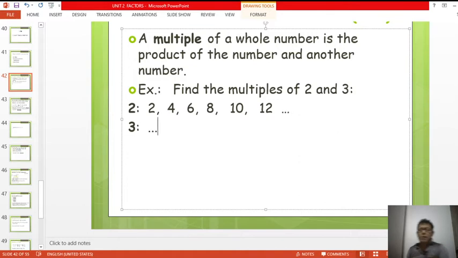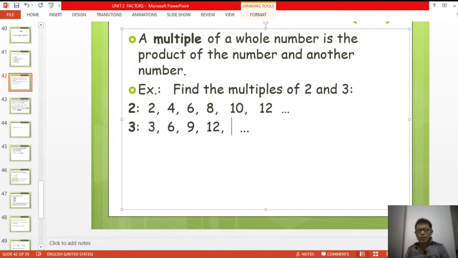So, to find multiples of a number, I will stop once I get to the 6th multiple. Now I will start with the other number given in the problem. So I will write 3 times 1 is 3. 3 times 2 is 6, right? 3 times 3 is 9. 3 times 4 is 12.